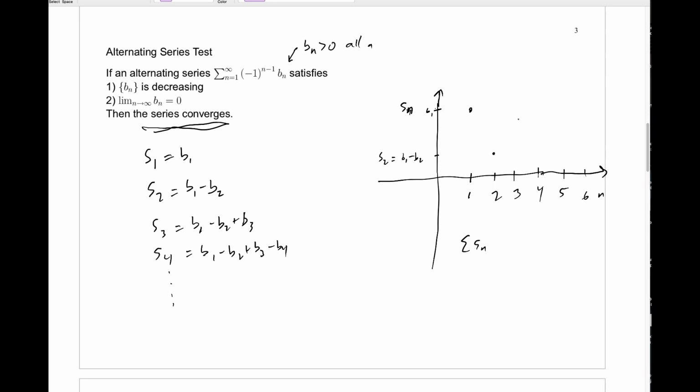I won't put all of them here. S3, you go back up higher. You're still less than S1. S4, you get smaller than S3, but you stay bigger than S2. S5, you get bigger than S4, but still smaller than S3. So the partial sums alternate getting bigger and smaller, where these are all the odd index partial sums.